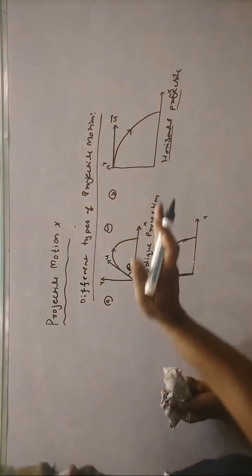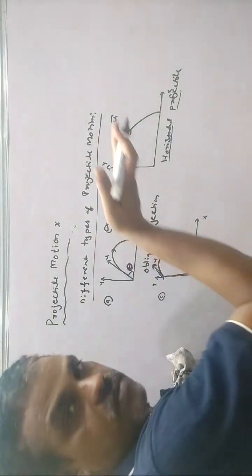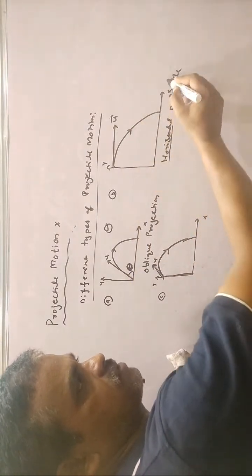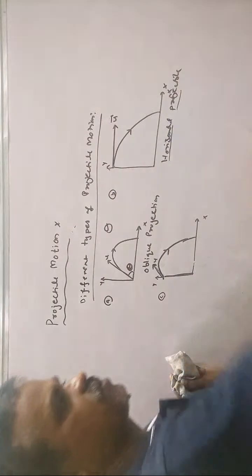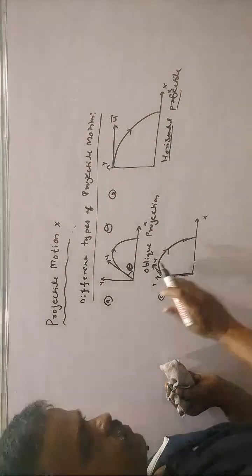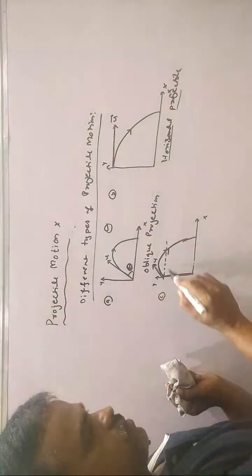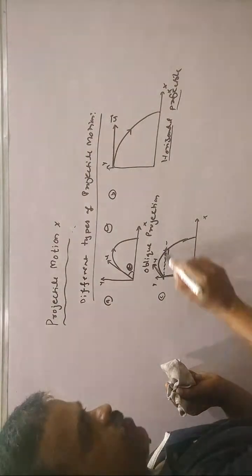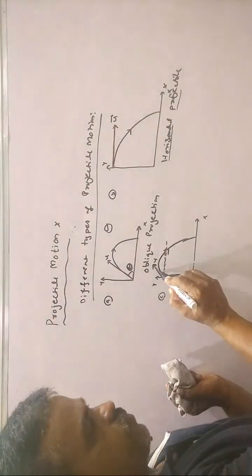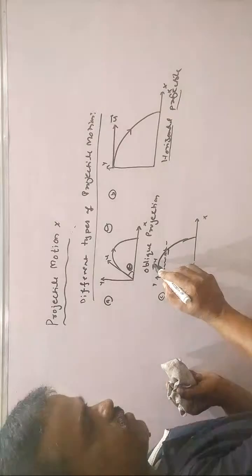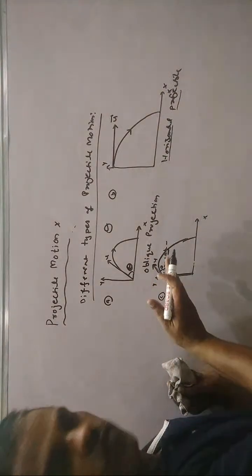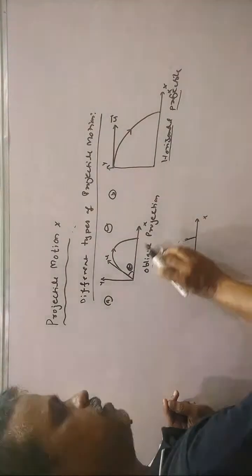Here, from a height, we are obliquely projecting. The velocity vector makes angle theta with the horizontal. So that is the difference.